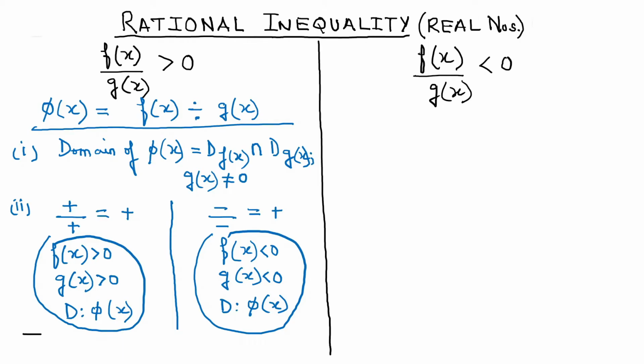So the solution here would be when you take the intersection of all the three. So the solution set is the intersection of all the three.